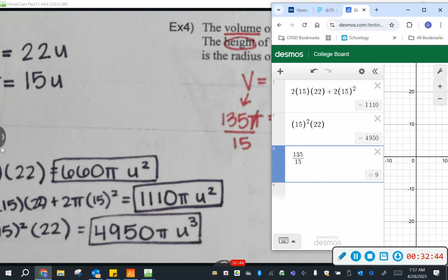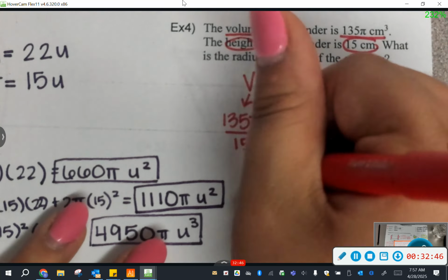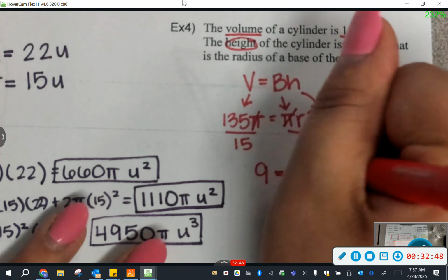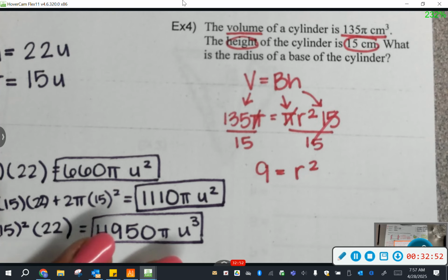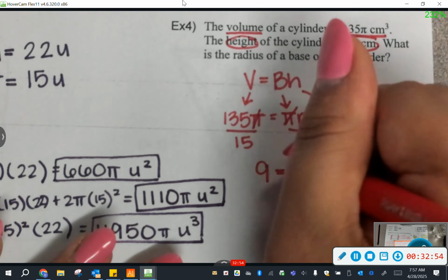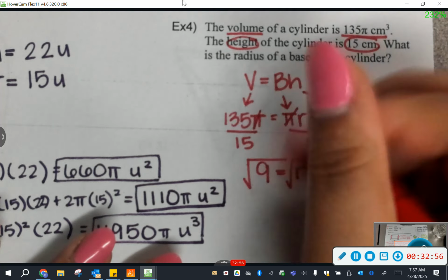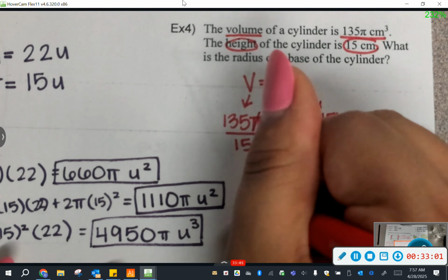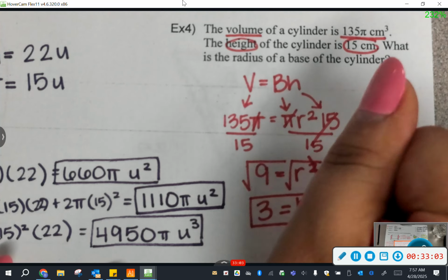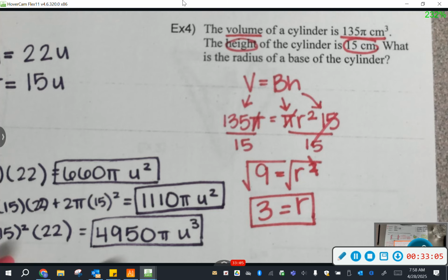Thank you. There we go. So this is going to be 9 equals r squared. How do I get r by itself? Square root it. And what is the square root of 9? 3 is my answer. So what's the radius of this cylinder? 3.